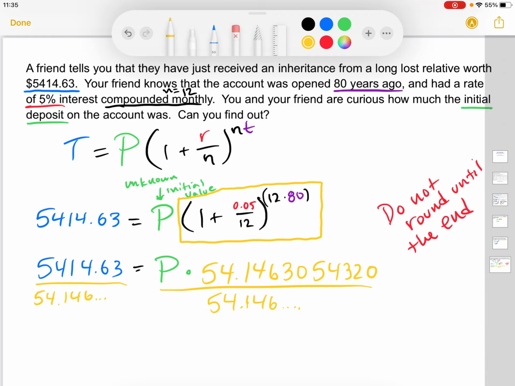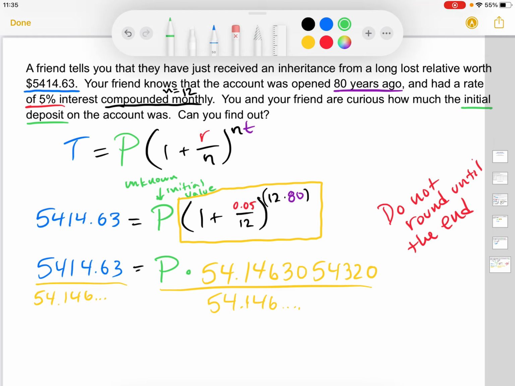So now all I need to do is take my final value, $5,414.63, and divide it by this value.